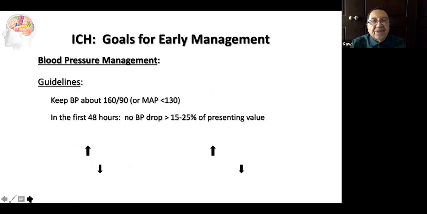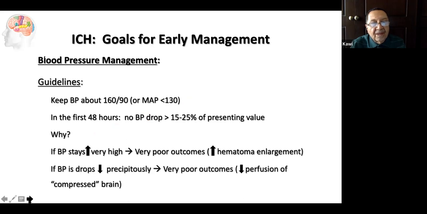Now, the goals of management is to keep the blood pressure about 160/90, or to keep the mean arterial pressure around 130. In the first 48 hours, we should not allow the blood pressure to drop more than 15 to 25% of the presenting value. Why?